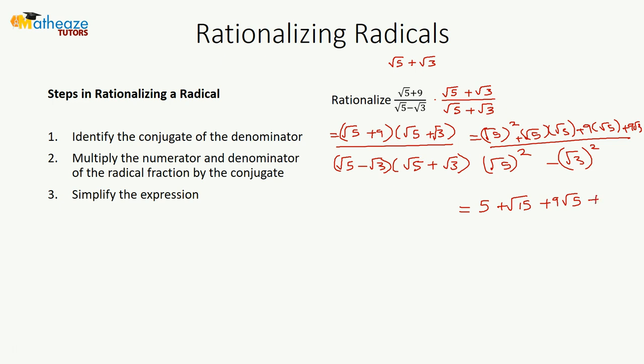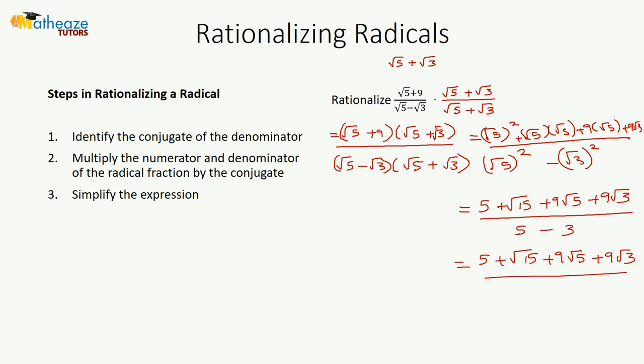Then 9 multiplied by square root of 3, 9 square root of 3, divided by 5 minus 3. So this is going to give us 5 plus square root of 15 plus 9 square root of 5 plus 9 square root of 3 divided by 2. And that is the rationalized version of this radical.